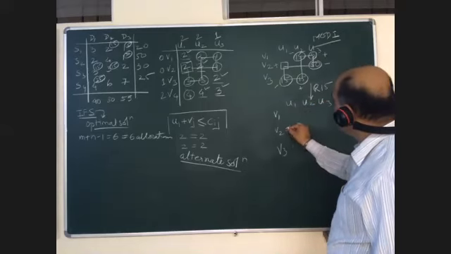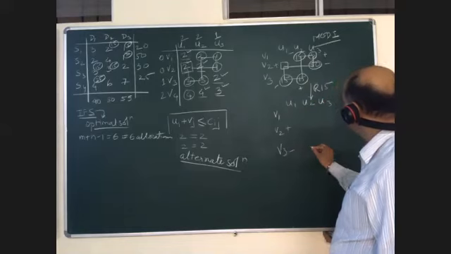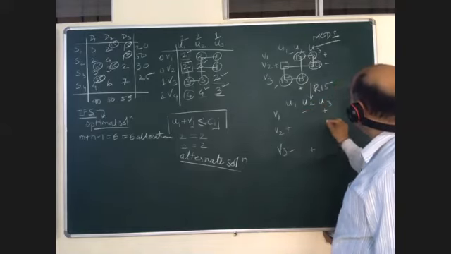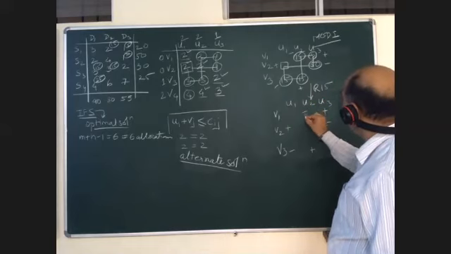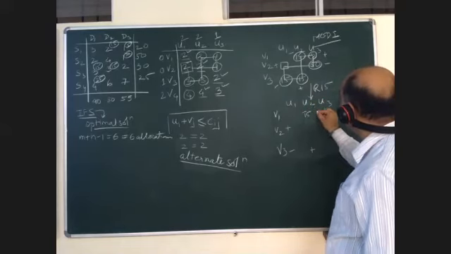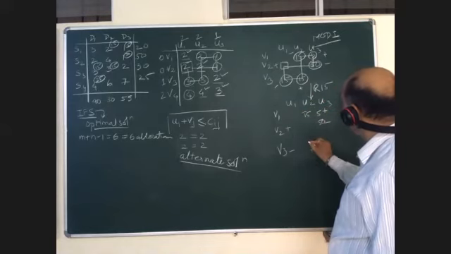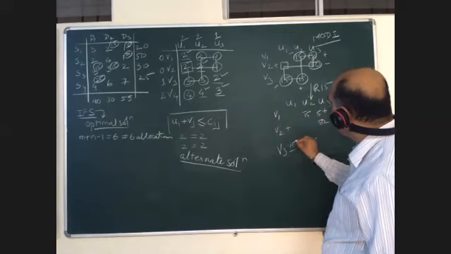It is plus here, minus, plus, minus, plus, minus, and the quantities are 5, 5, 50, 15, 15.